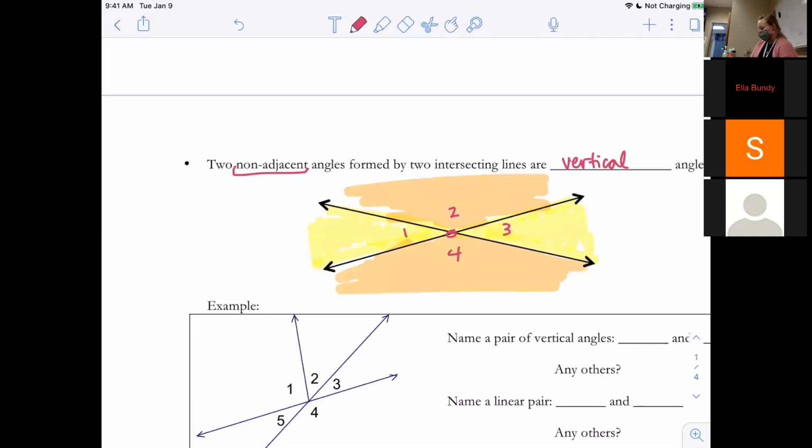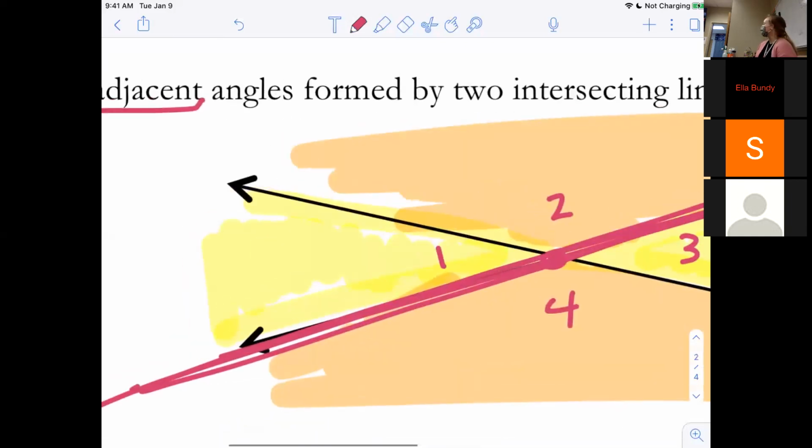Let's look at a linear pair. Let's focus on this line separating them. 1 and 2 are a linear pair because they're on a straight line. Are we in agreement with that? What if I call angle 1 60?